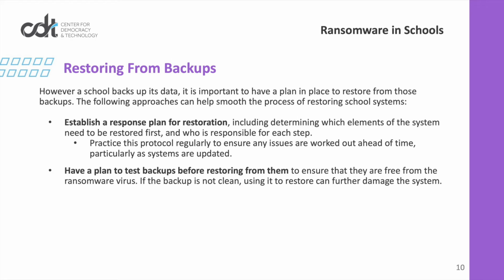Schools should practice this plan regularly to ensure that it stays up to date and to make sure that everyone involved is comfortable and familiar with their roles. Schools should also test their backups to ensure that they are uncorrupted before trying to restore the system from them, since restoring from a corrupted backup can replicate or exacerbate the problems from the original attack.